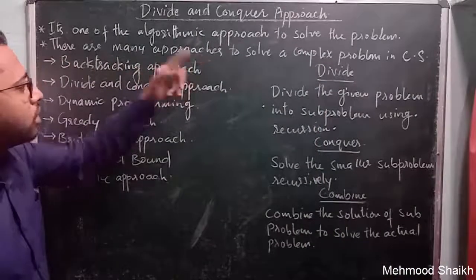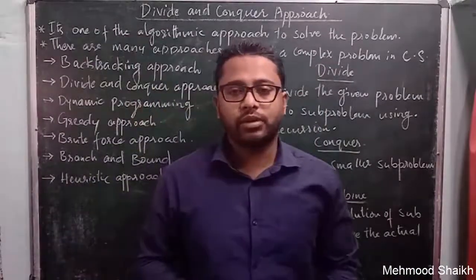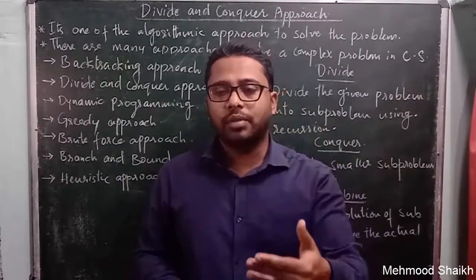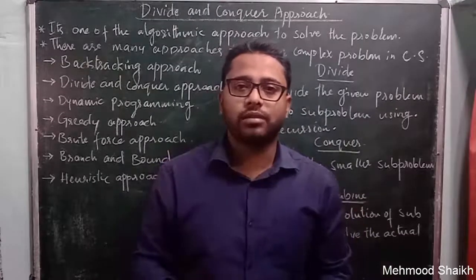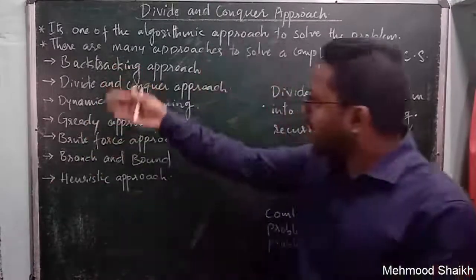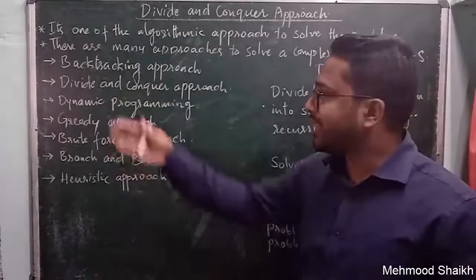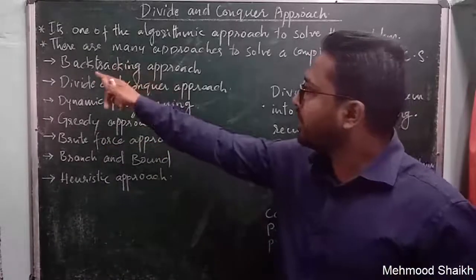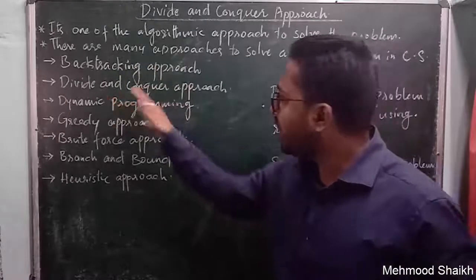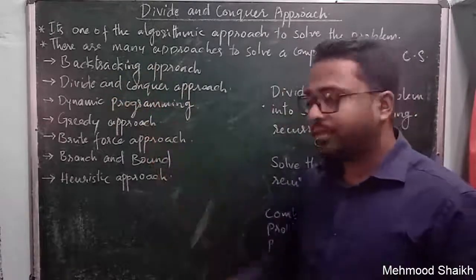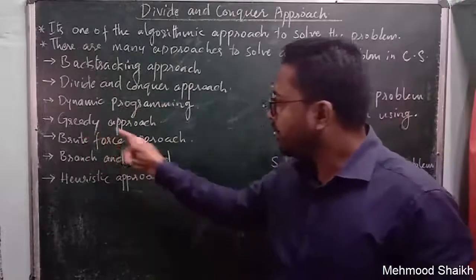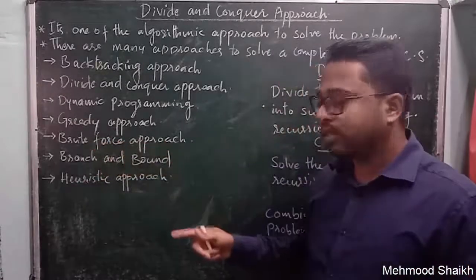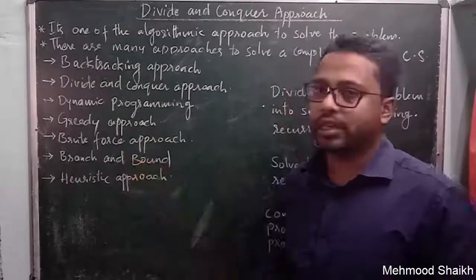There are many approaches to solve a complex problem in computer science. If you have a complex problem and want to solve it, you can apply any of these approaches in your algorithm. Here I have written all those approaches that one can adopt while writing an algorithm: backtracking, divide and conquer, dynamic programming, greedy, brute force, branch and bound, and heuristic approaches.